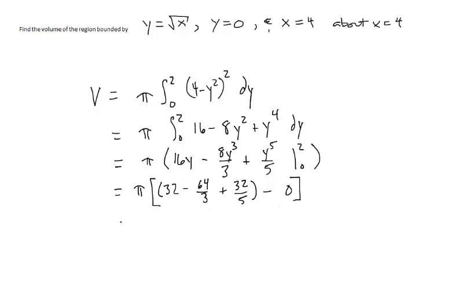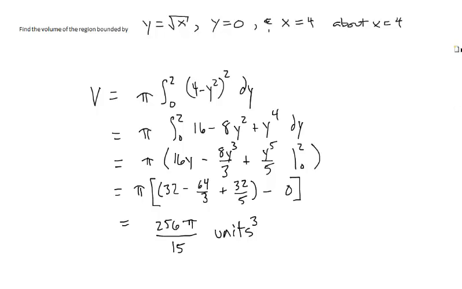So we have pi times 32 minus 64 thirds plus 32 over 5. And when we do that in our calculator, we get 256 pi divided by 15 units cubed.